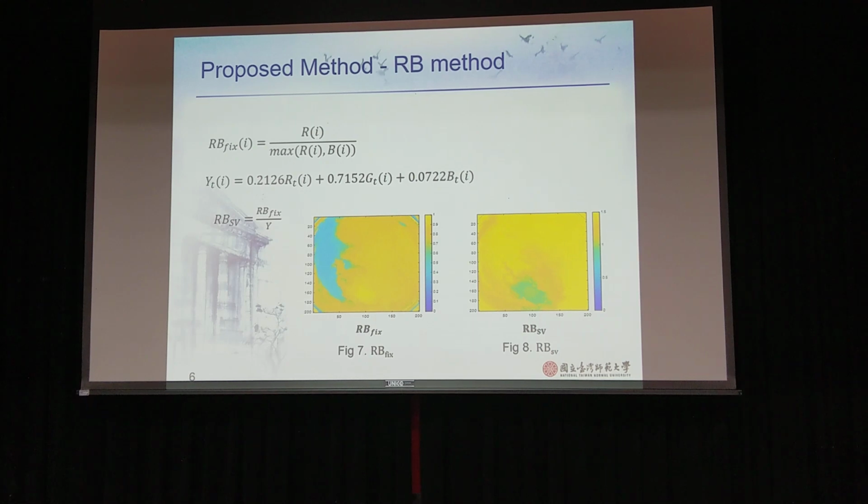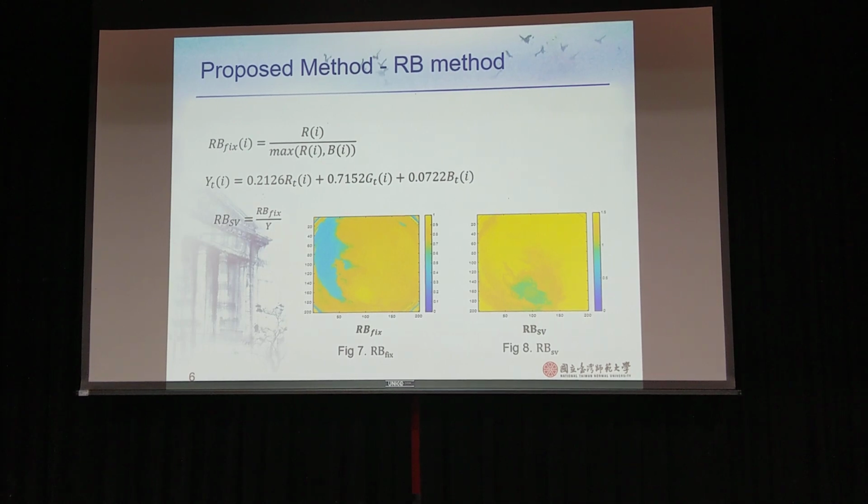However, its disadvantage is that it cannot show the thickness of the cloud, and the picture is cropped in the solar area. So this study used an improved method, the red-blue ratio method, RBSV. Divide RBSV by Y. Y is the brightness of the image, and this method can present the thickness of the cloud.